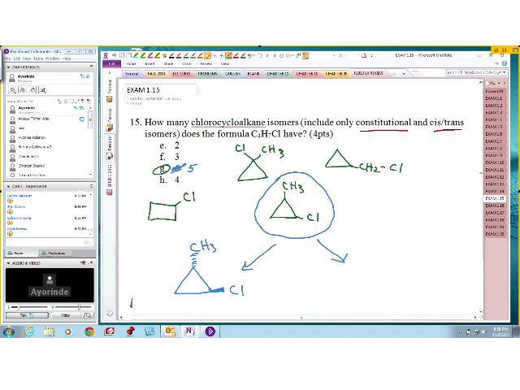This becomes trans-1-chloro, 1-methylcyclopropane. And then we could draw the cis isomer, in which the 2 substituents are on the same side of the ring.